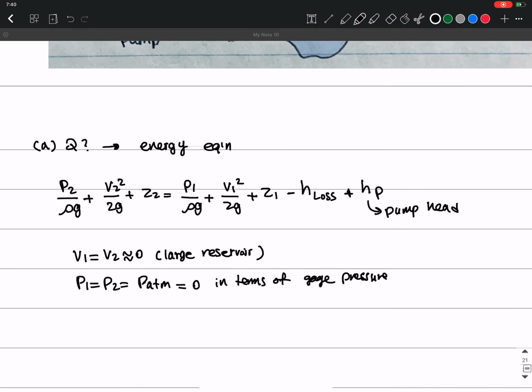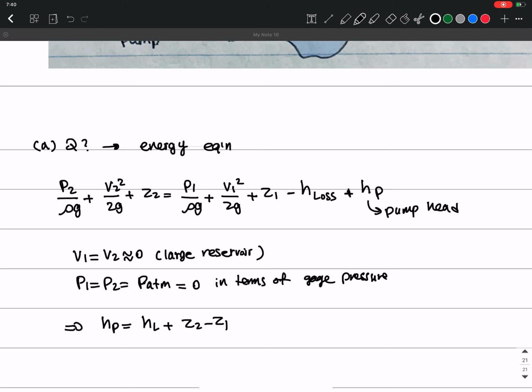Okay, so if I have these assumptions, the whole energy equation reduces to H pump equals HL, which is loss, plus Z2 minus Z1.